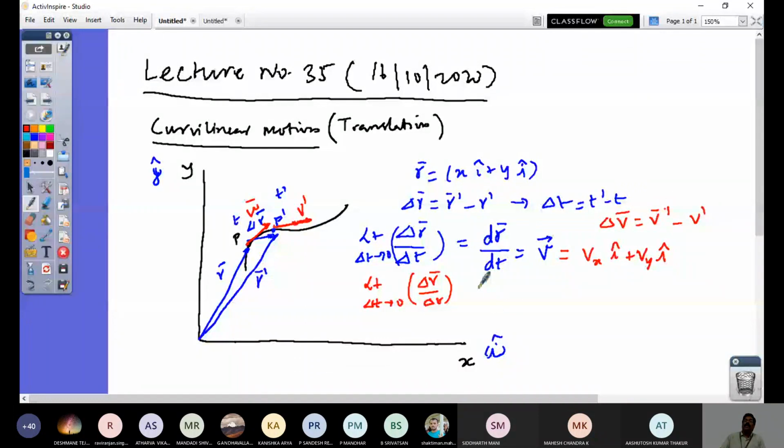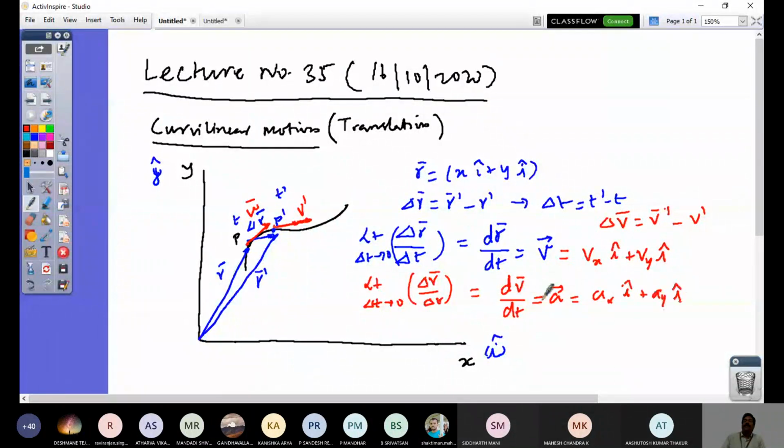When delta t tends to 0, v dash vector becomes this instant one. So it can be written as acceleration dv by dt vector, and that is my acceleration vector. I can also have my acceleration components axi plus ayj.